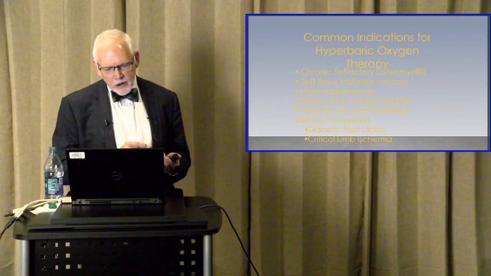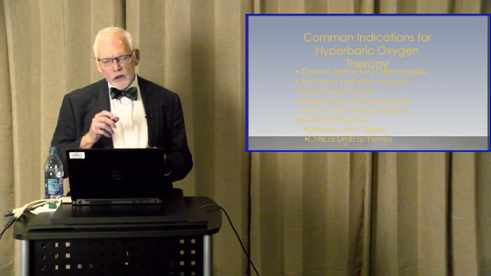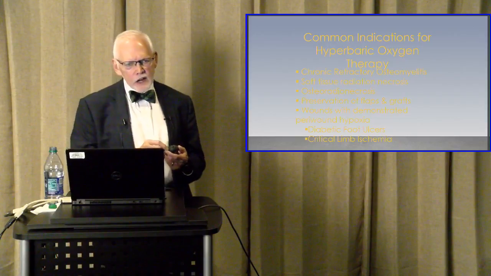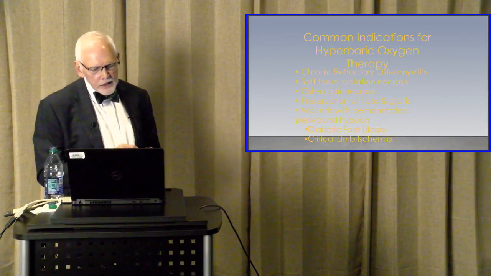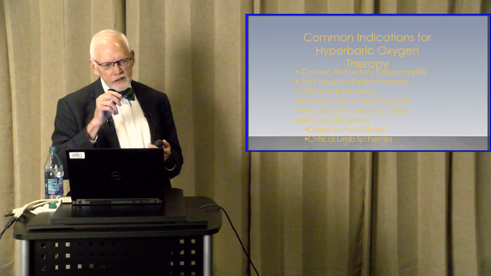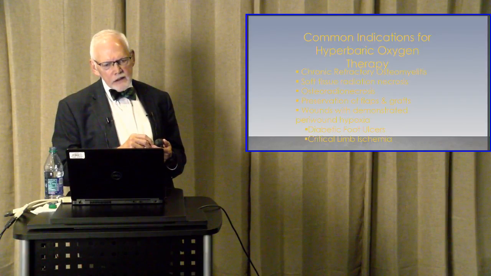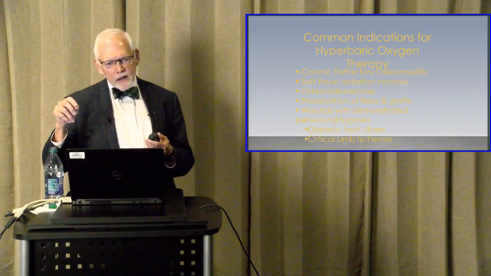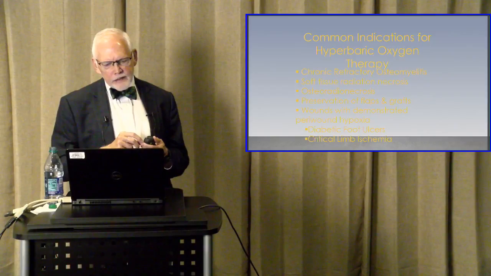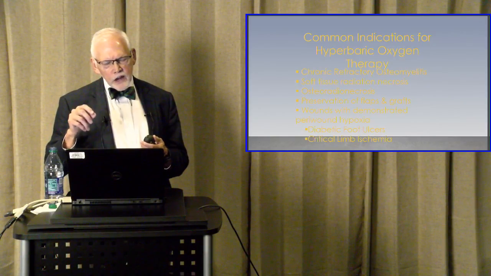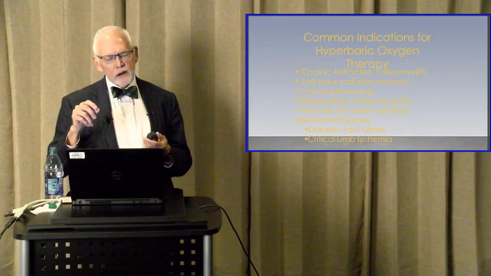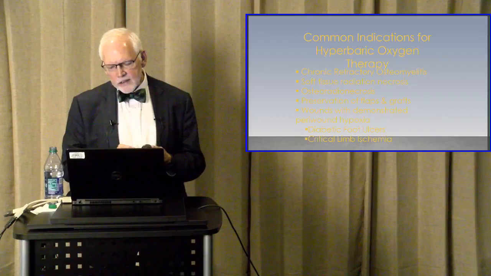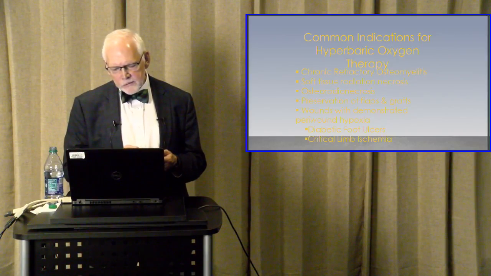Wounds with demonstrated peri-wound hypoxia, where you can actually measure oxygen by TCOM, transcutaneous oxygen measurement. If you can show that it's hypoxic at rest, and especially if you can put them in the monoplace chamber, measure the oxygen in the tissue in the chamber, and show that it's improved significantly, then you can make a case for using HBO.